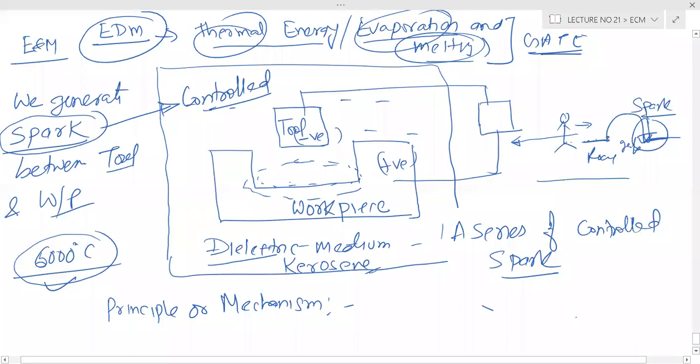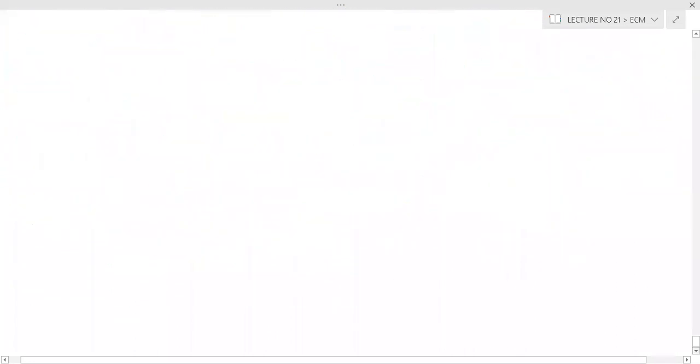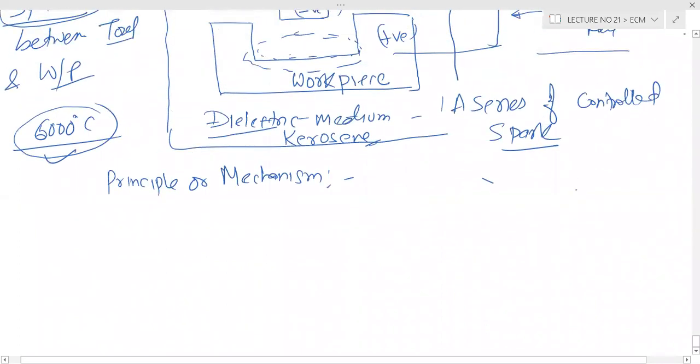So the process takes place like this. It is an intermittent process. It is not continuous.